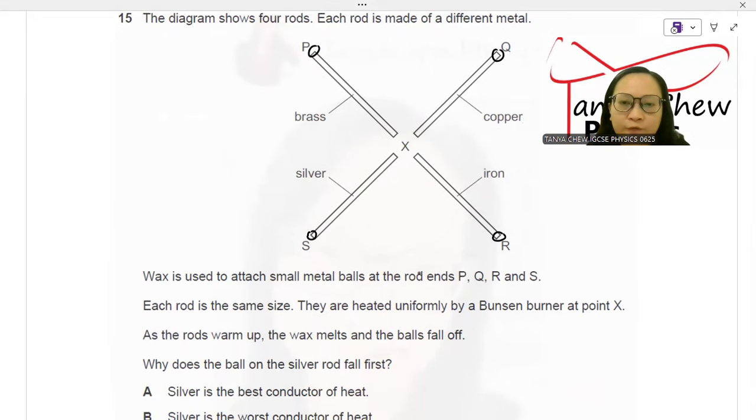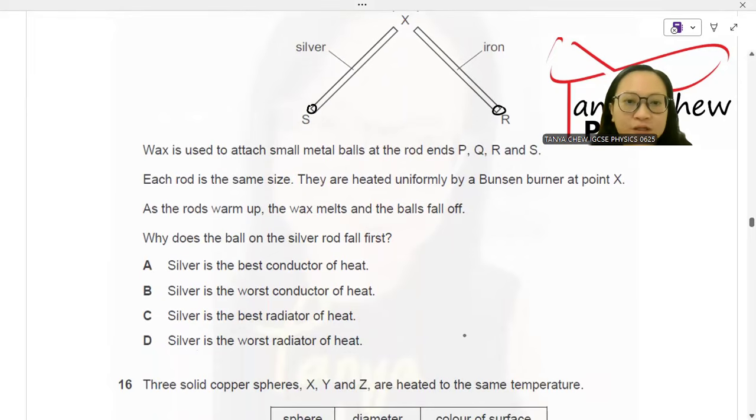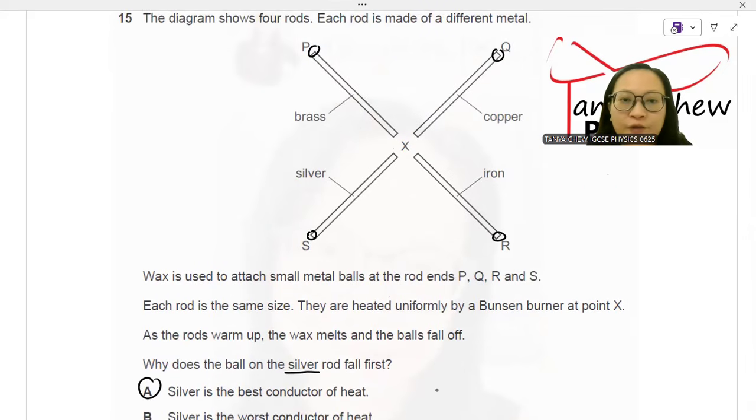They are heated uniformly by a Bunsen burner at point X, the other end. As the rods warm up, the wax melts and the balls will fall off. Why does the ball on the silver rod fall first? Because silver is the best conductor of heat. Do you know why? Because it can transfer the heat quickly to the end, which melts the wax and releases the ball.